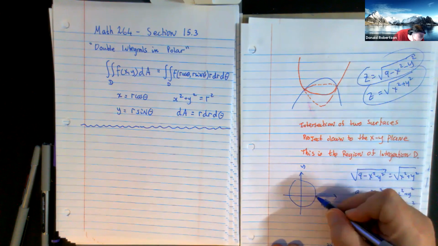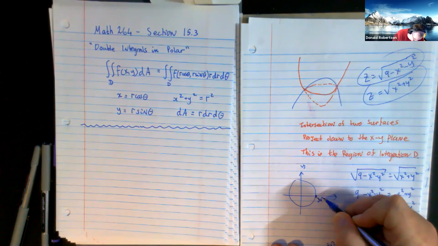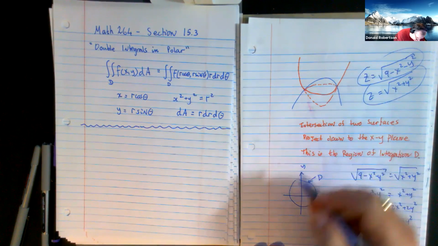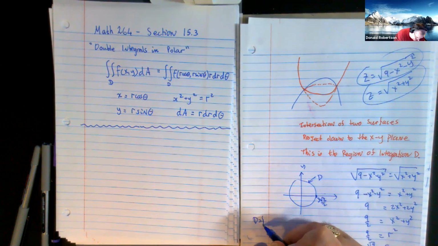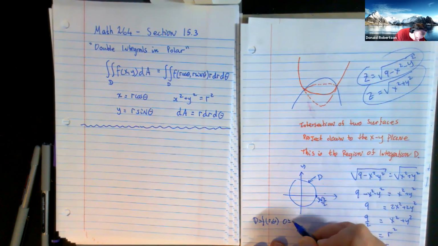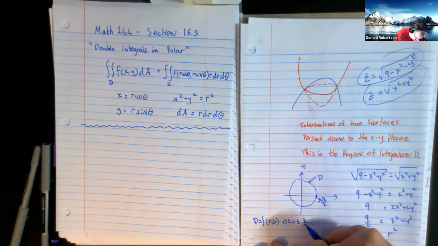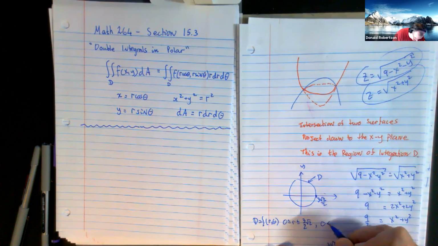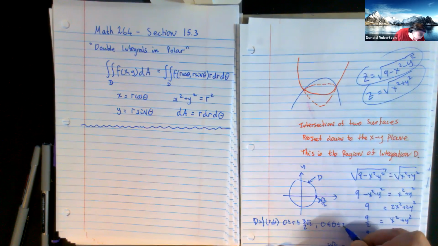So I know the radius. So the region D is going to be, using r and theta, r is going to go from 0 to that value, and theta, because it's an entire circle, is 0 to 2 pi.